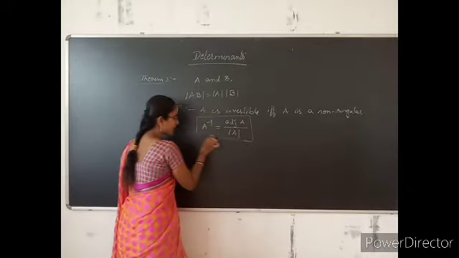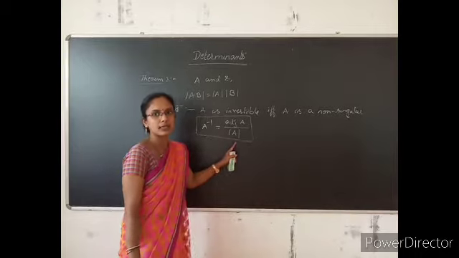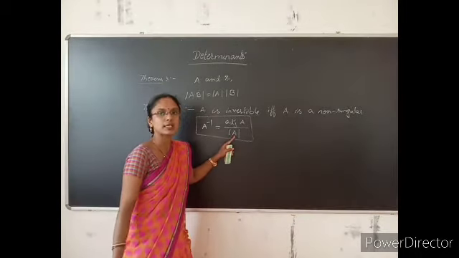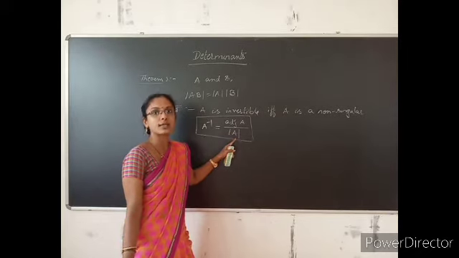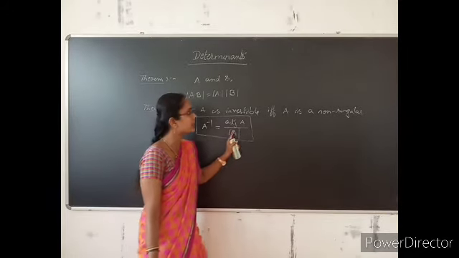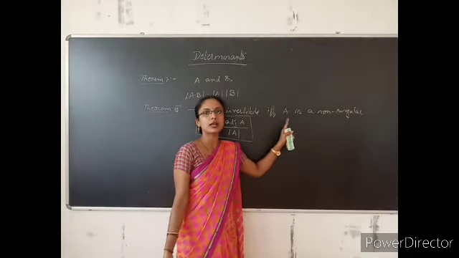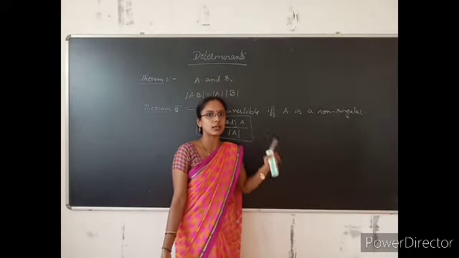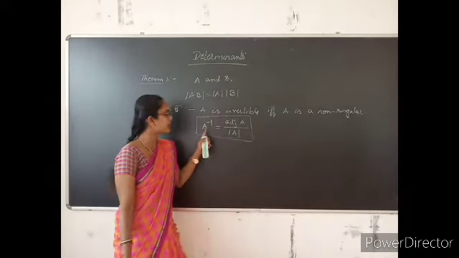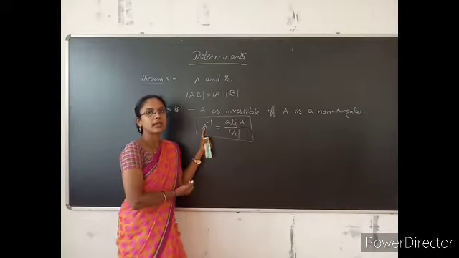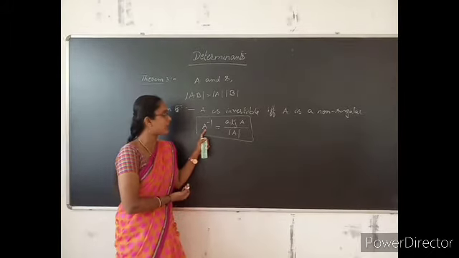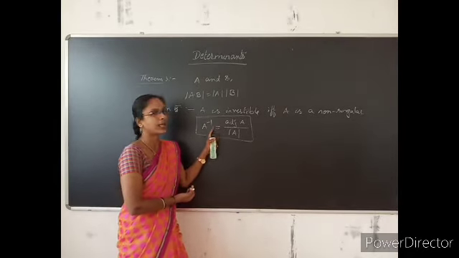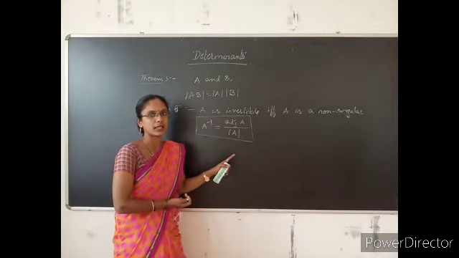Since the denominator determinant A is a number, and any number divided by 0 is not defined, we say that A should be a non-singular matrix. Then only we can find the inverse of any square matrix. So A inverse is equal to adjoint A divided by determinant A.